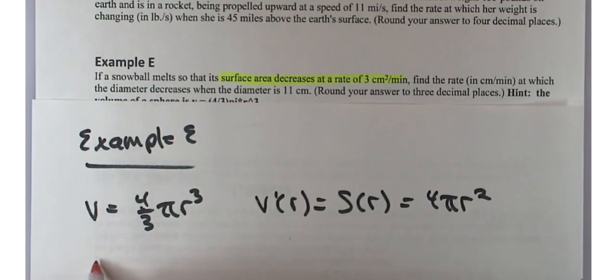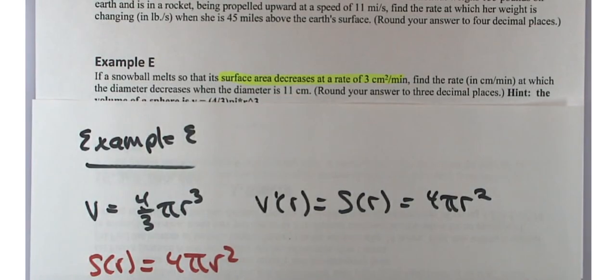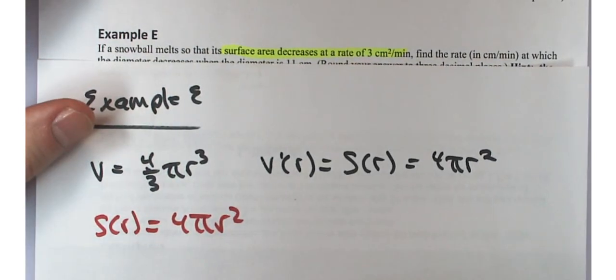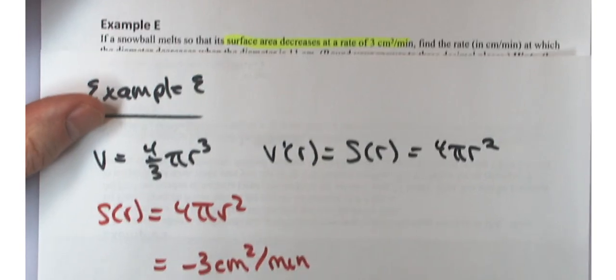We've got S of r is 4 pi r squared. What's this mean relative to our problem? All right, something's in a minus, and I like that you get the minus 3, and that's going to be centimeters squared per minute. But what should I put on the left-hand side?